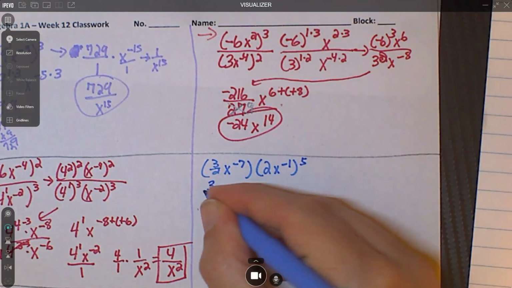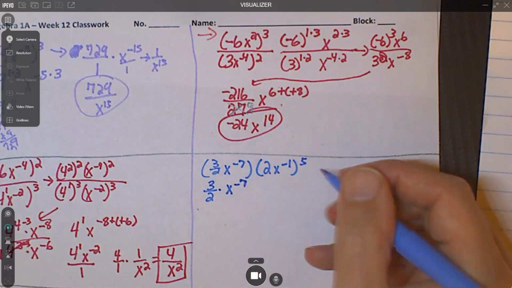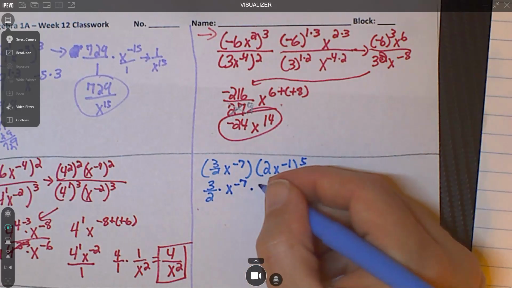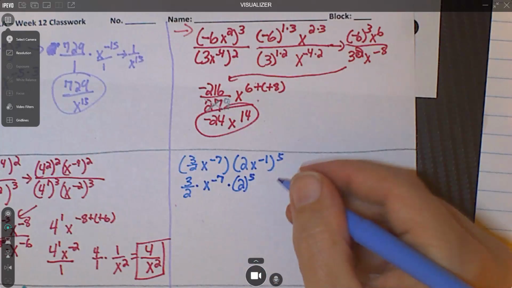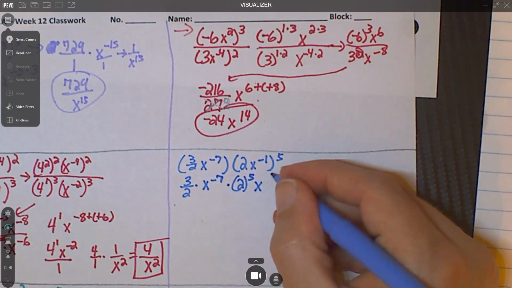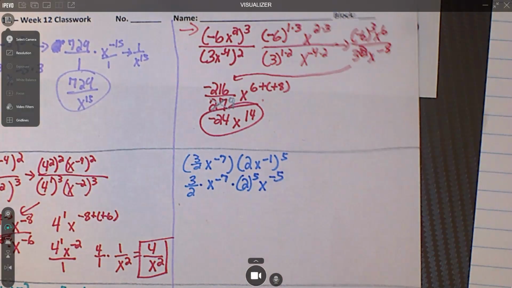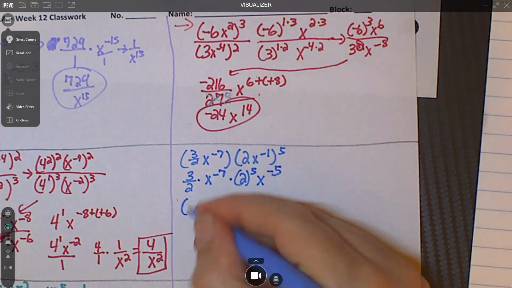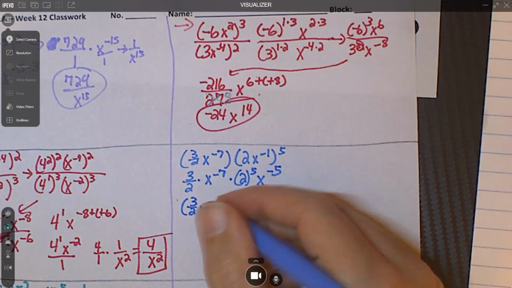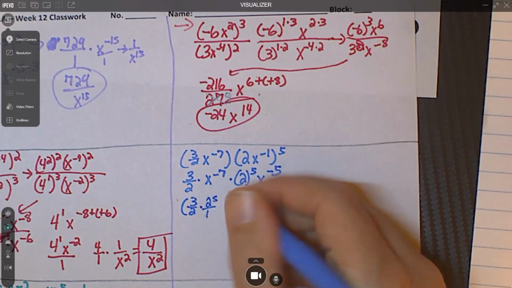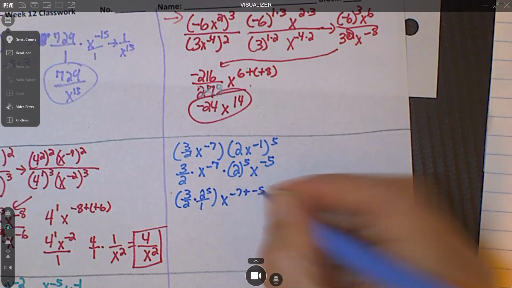You get 3 over 2 times x to the negative 7 times 2 to the 5th. Okay, so I got 3 halves times 2 to the 5th over 1, x to the negative 7 plus negative 5.